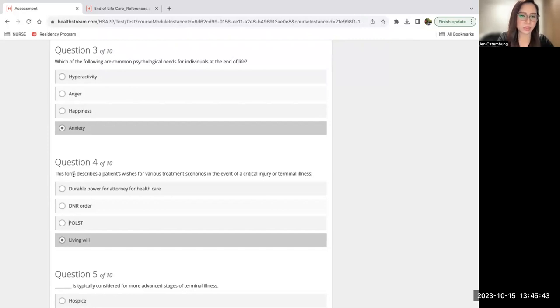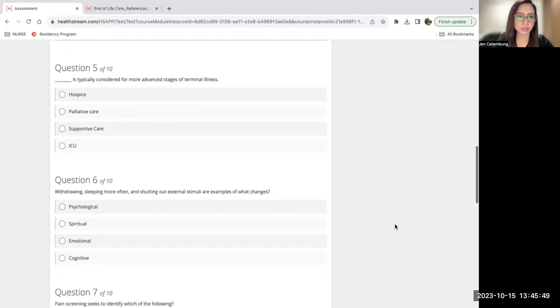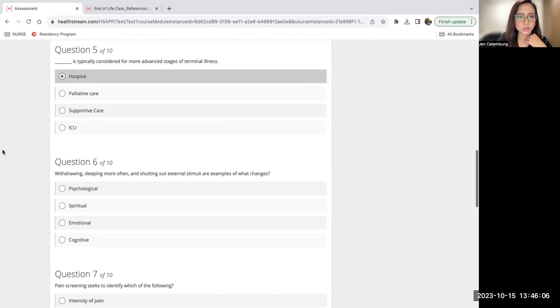Patients' wishes for various treatment scenarios in terminal illness. Number 5 is typically considered for a more advanced stage of terminal illness. So for more advanced: hospice, withdrawing, sleeping more often, and shutting out external stimuli are examples of psychological changes.